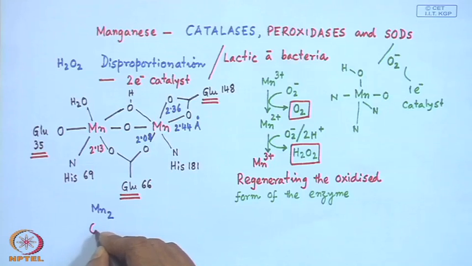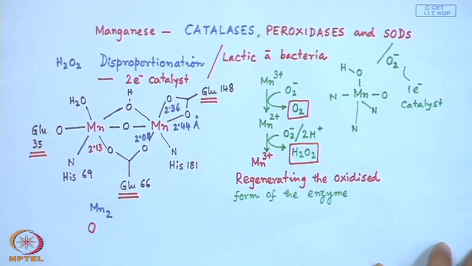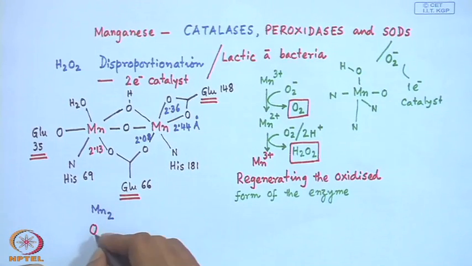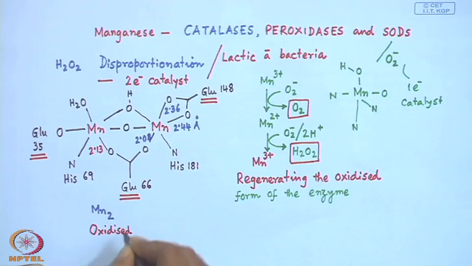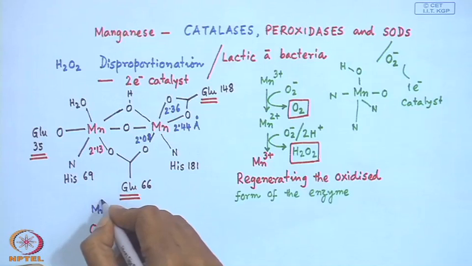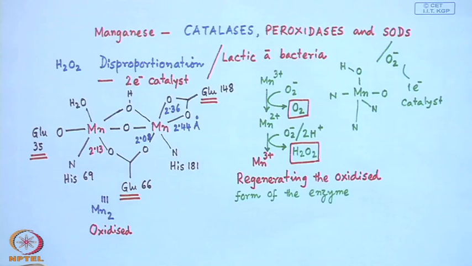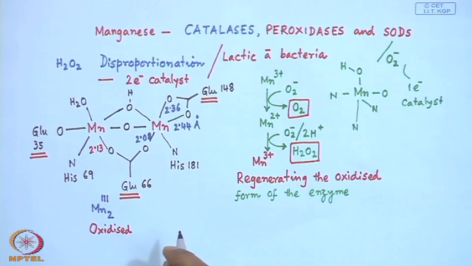So, if we have the dimanganese enzyme for catalase, which is in the oxidized form, we can consider that both the two manganese sites are in the trivalent state.